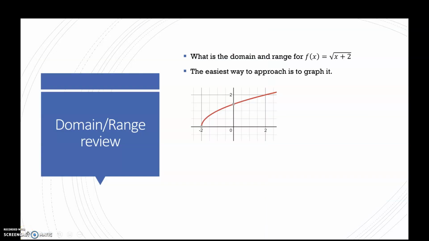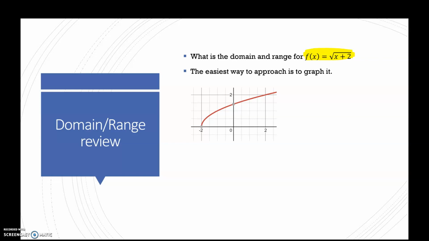I wanted to do a little quick review also on domain and range, because I saw that was causing some problems. So here's the deal. Sometimes you're not given the graph, you're given an equation. Well, we got graphing calculators, so go graph that thing.